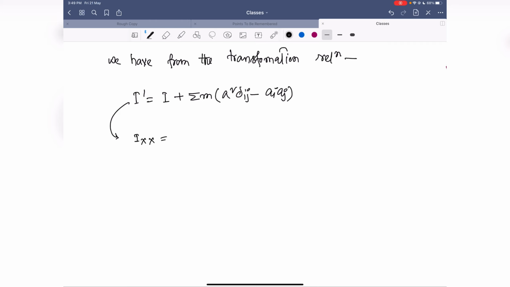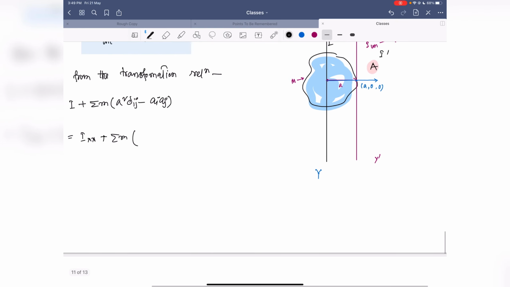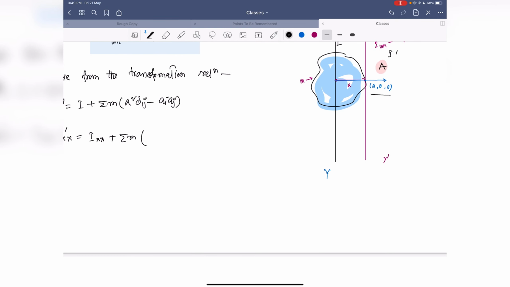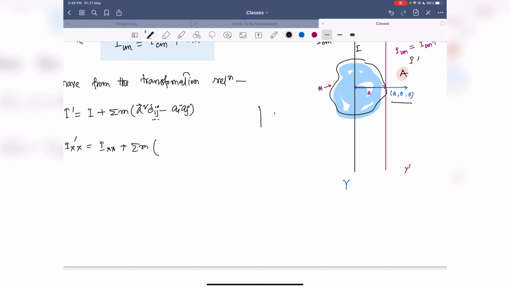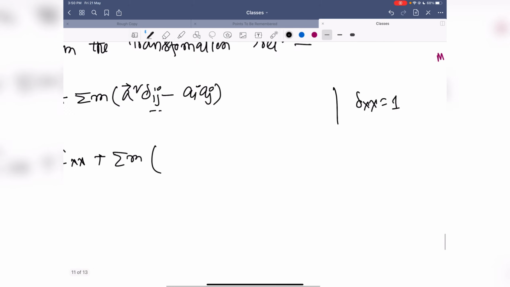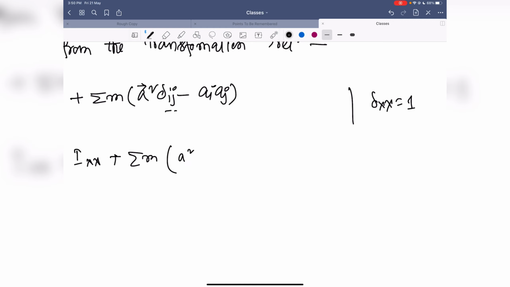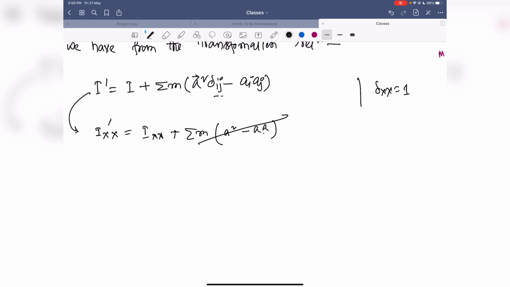So in Ixx I can write it to be I dash xx equals Ixx plus summation of m. Now in the x-axis the component of the vector is a only. Del ii is equal to 1, you know, so I can write del xx to be equal to 1. So I'll write it a square minus a. So this term is 0, so I can write it as axx.